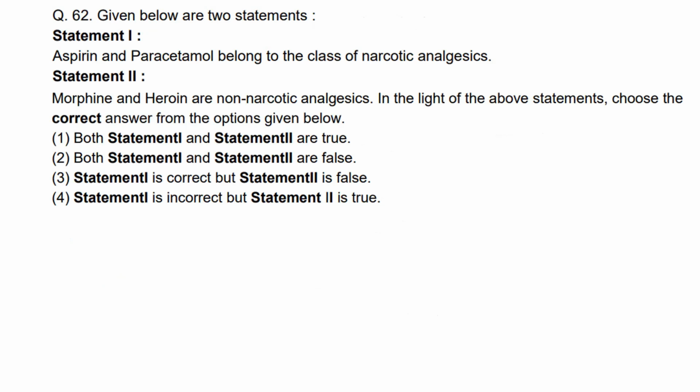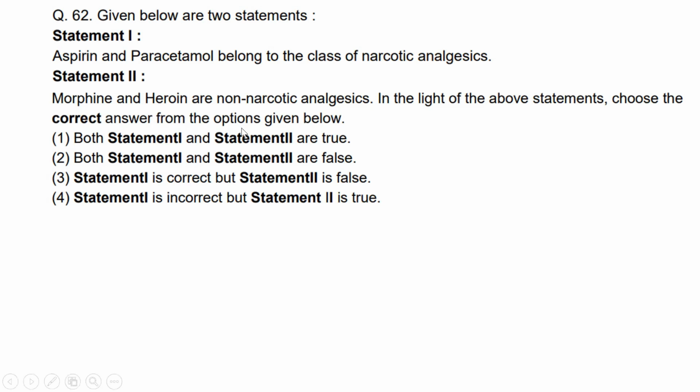Both statement 1 and statement 2 are false, that is second option. Statement 1 is correct and statement 2 is false, that is third answer. And fourth answer is statement 1 is incorrect and statement 2 is true. So according to the given options, you have to choose option 2 because both the statements given are wrong.